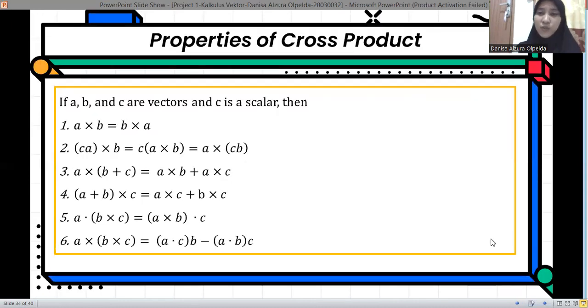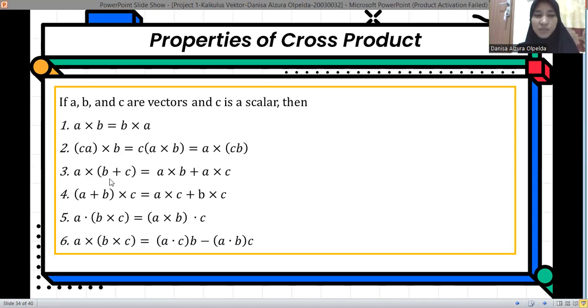Properties of the cross product. If A, B, and C are vectors and c is a scalar, then A cross B is equal to minus B cross A. c times (A cross B) is equal to (cA) cross B, or A cross (cB).